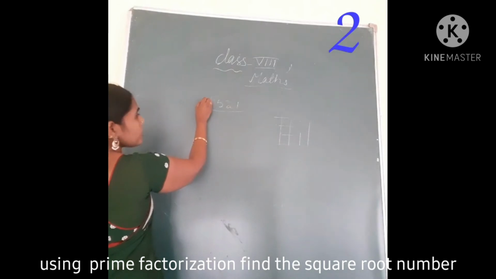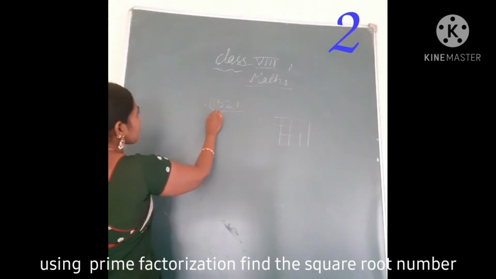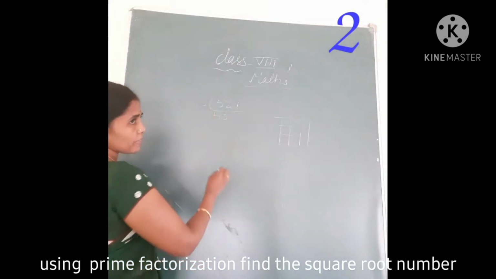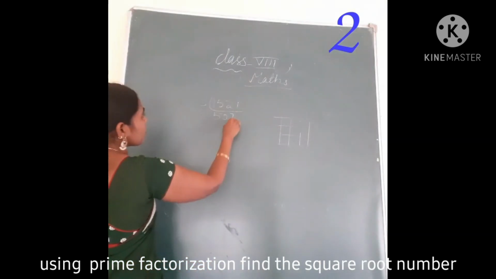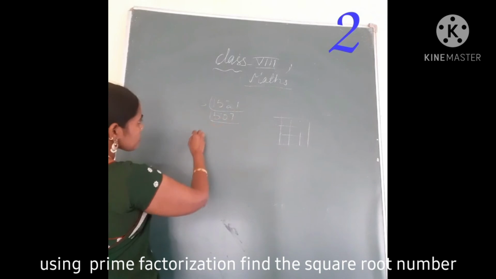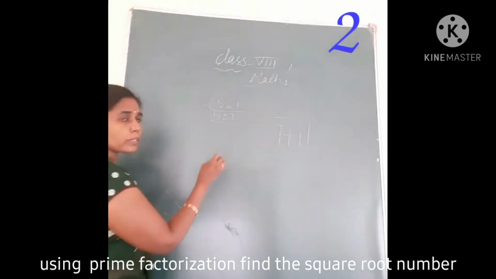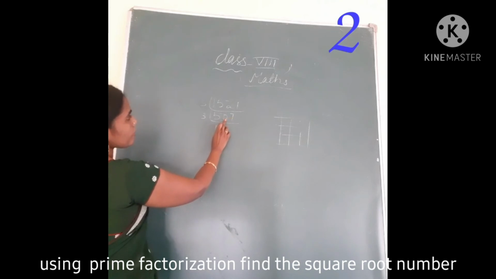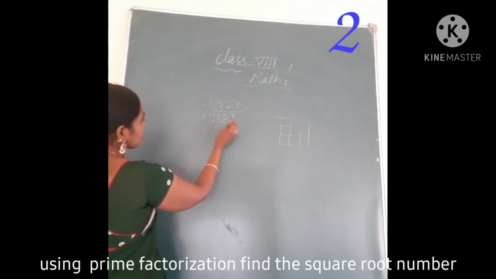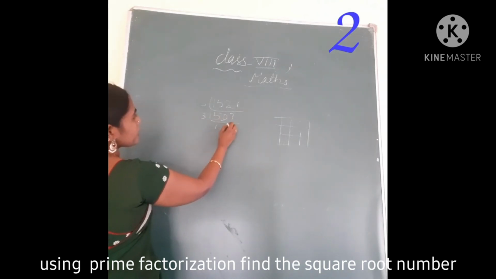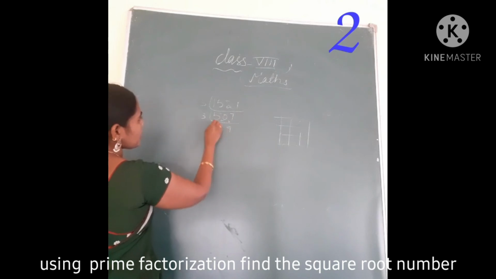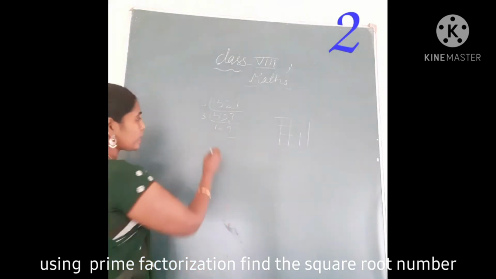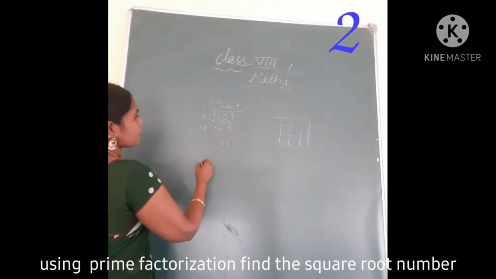So we have to take it with 3: 3 5s are 15, 0 remaining, 3 7s are 21. Again 5 plus 7 is 12, so again divide with the 3 table: 3 5s are 15, 2 remaining, 20; 3 6s are 18, 2 remaining, 21; 3 7s are 21. We get 507, then 169.